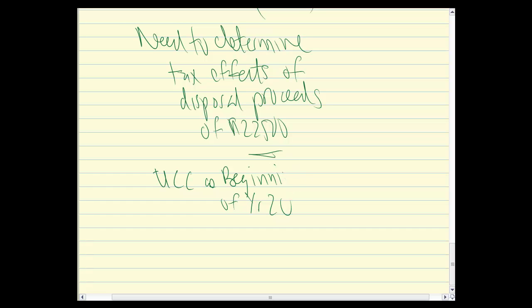And trust me, I know when you write your evaluations, how my writing stinks. I'm trying. This is better than it used to be. UCC at the beginning of year 20 is how much? It's the original cost multiplied by 1 minus the CCA rate, times 18, and then 1 minus to the power.